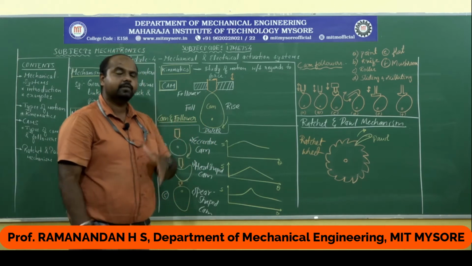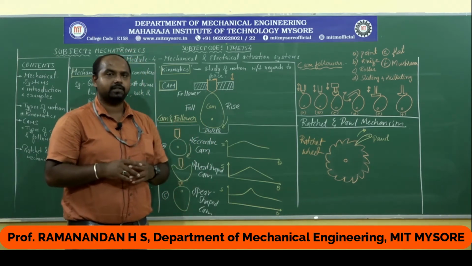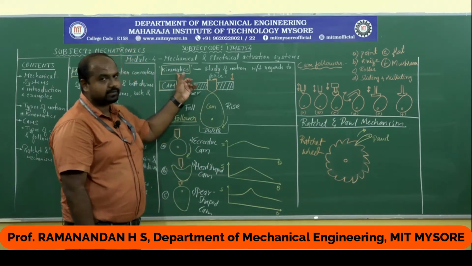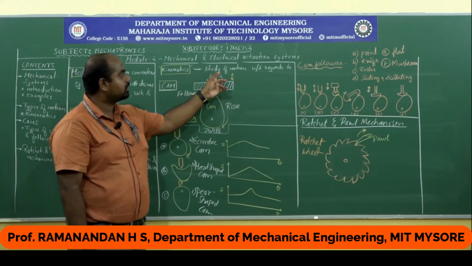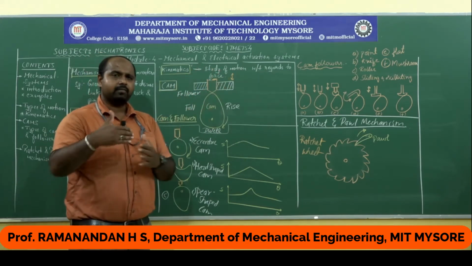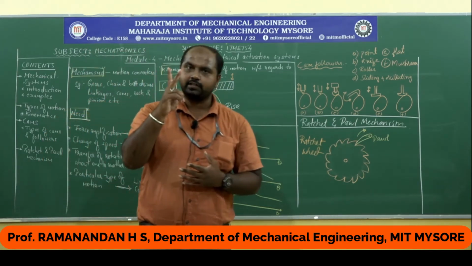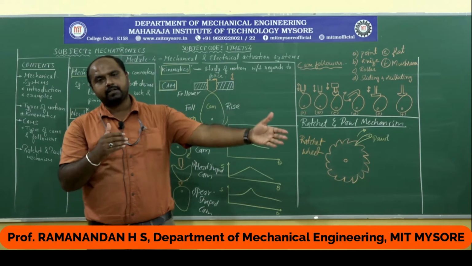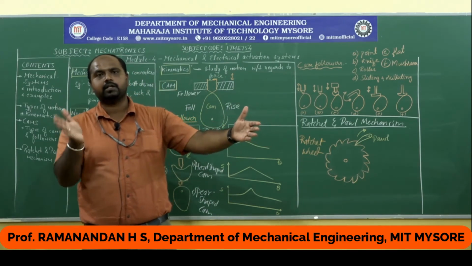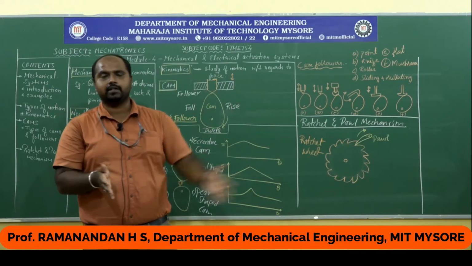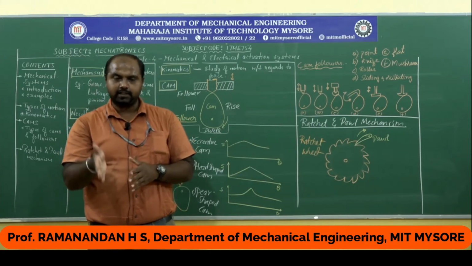That part of physics is called kinematics, where I rely more on the study of motion, least bothered about what is causing the motion. Always there are two things. If something is happening, there should be a cause for that to happen. Cause and effect, that is what we study in physics.